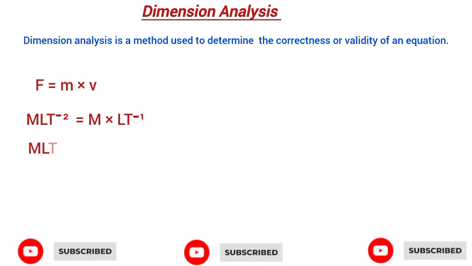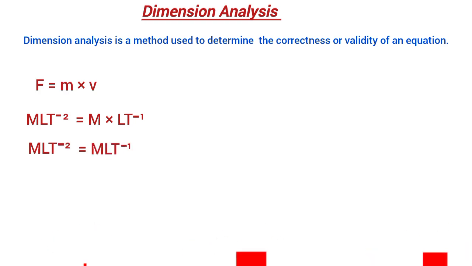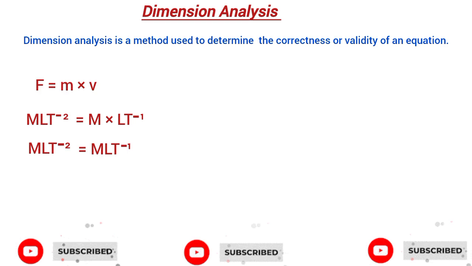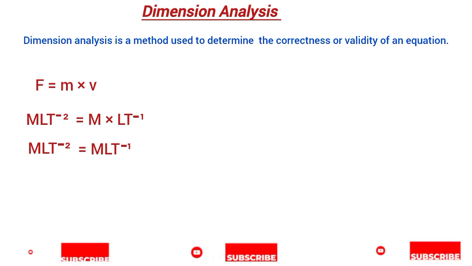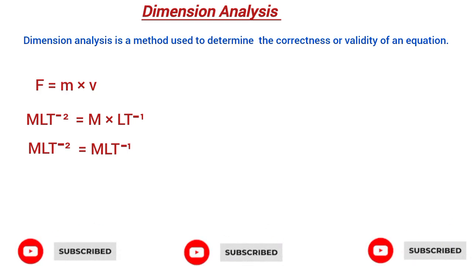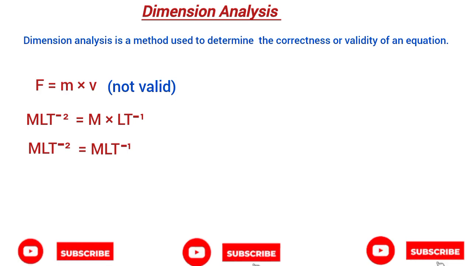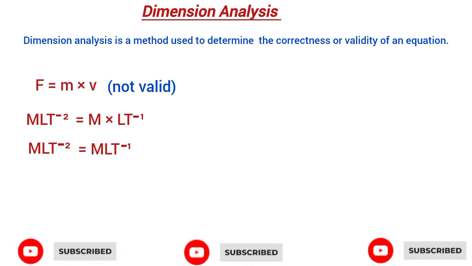Simplifying the right hand side of this equation, we have MLT^-1. As you can see here, both sides of the equation do not have equal dimension, so the equation force is equal to mass times velocity is said to be invalid.